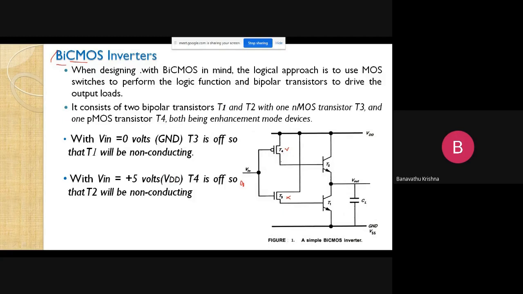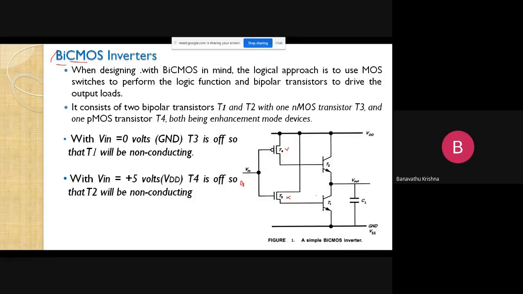This is connected to the base of the transistor T2, so T2 goes to the on condition. If it is on, the collector and emitter terminals are short circuited, so whatever data is available here passes through transistor T2.